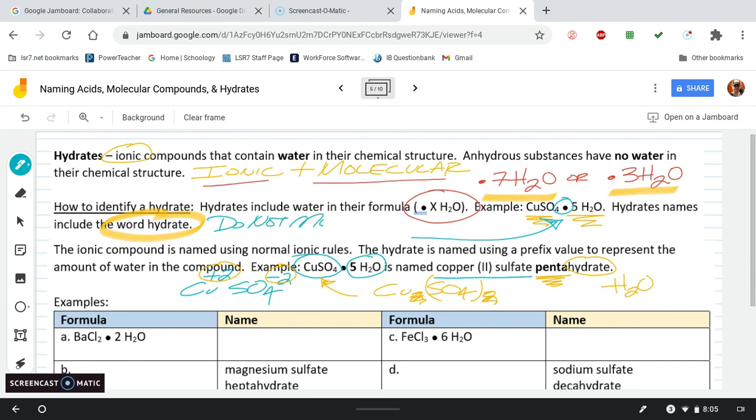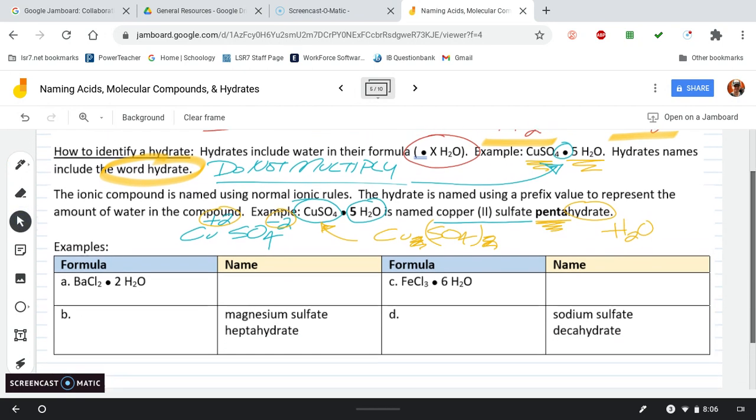It is not telling you to multiply. Okay, so when you're doing these, do not do any kind of weird math stuff, because it's not a math problem. It's a naming problem. There's no math here. Okay, so hopefully you don't do that.